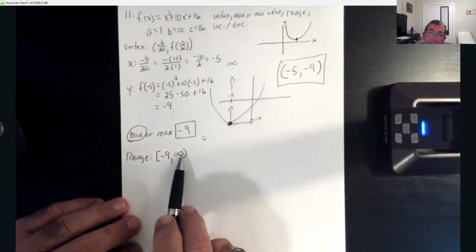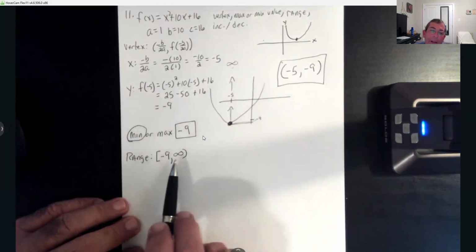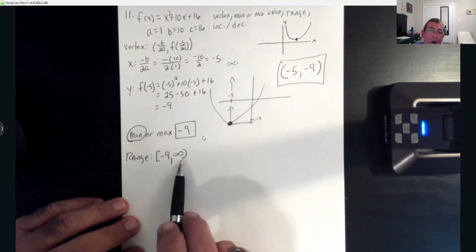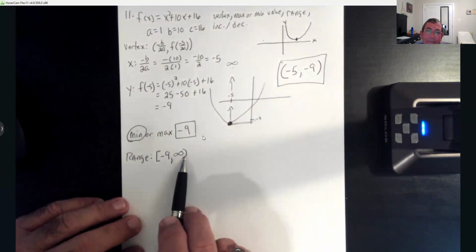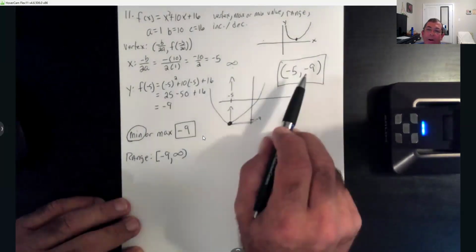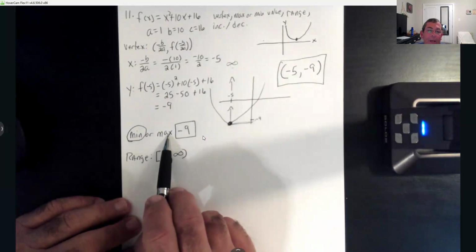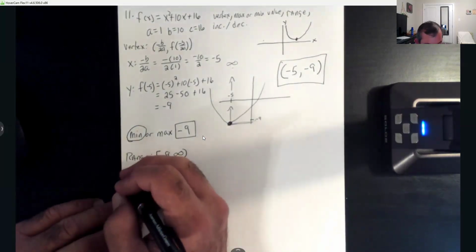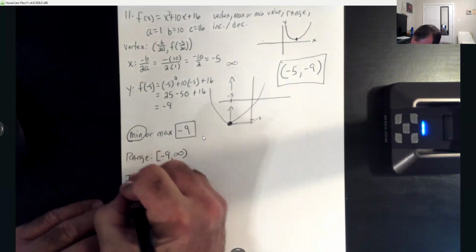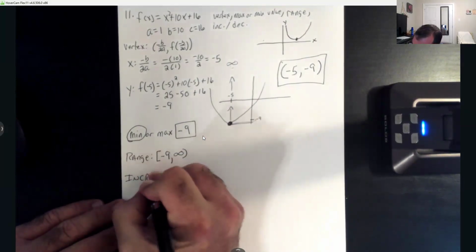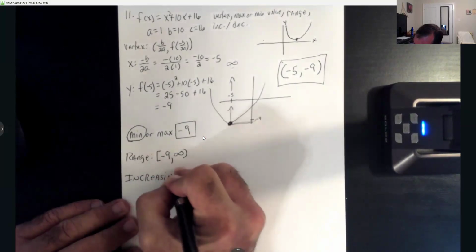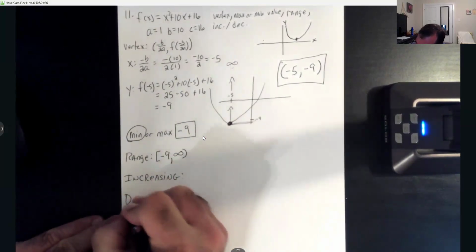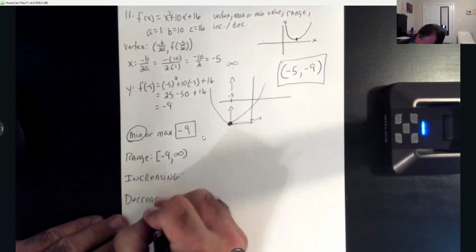And y'all, since infinity don't have a stopping point and it keeps going on and on and on, it always uses the curvy parentheses, okay? So we got our vertex, we got our min or max and the value, we got a range. So now we're going to do our increasing and decreasing intervals.